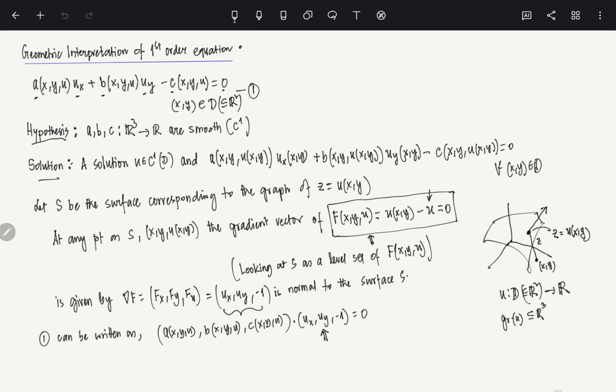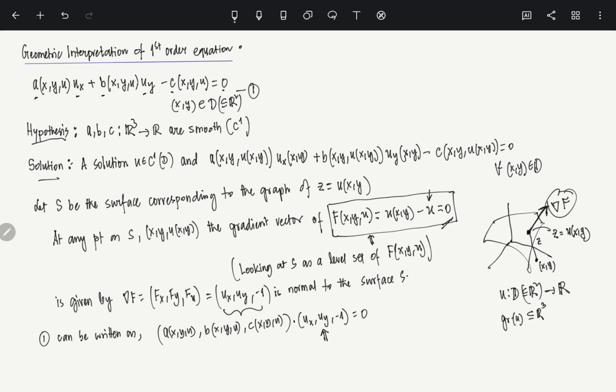Again, look at it. You have this surface, and at any point x, y the gradient vector is given by the gradient of capital F. What is capital F? Capital F is given by this.